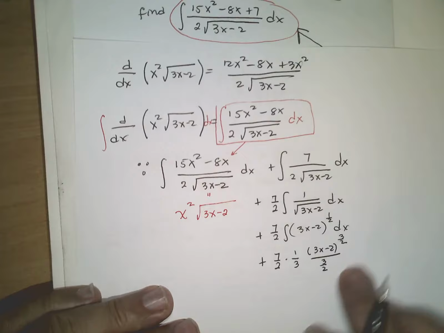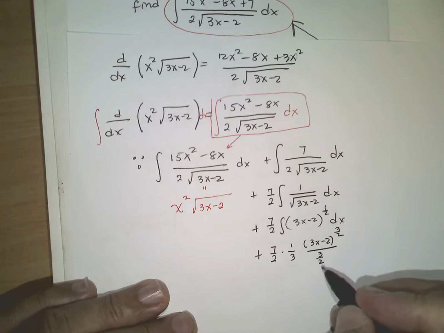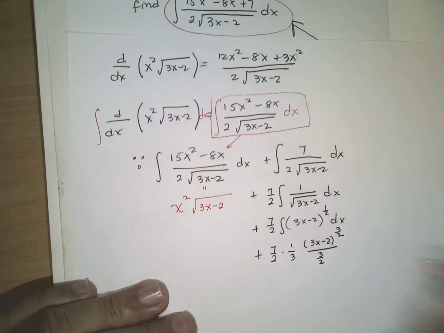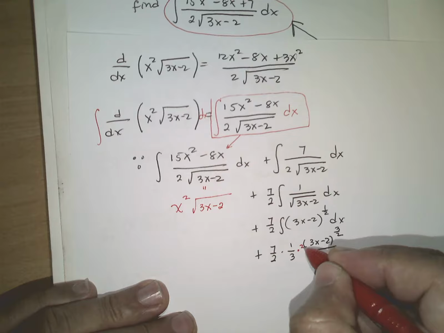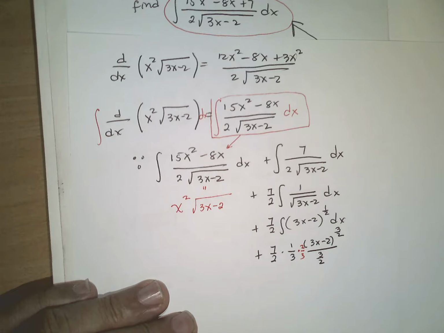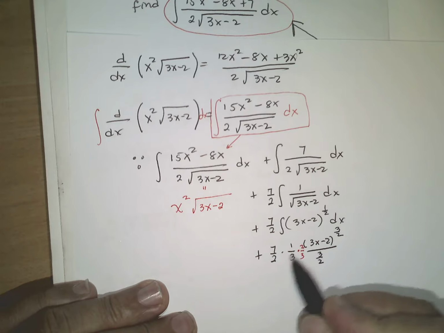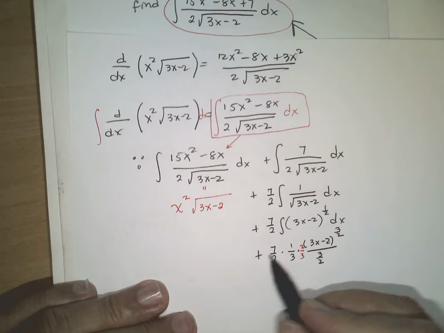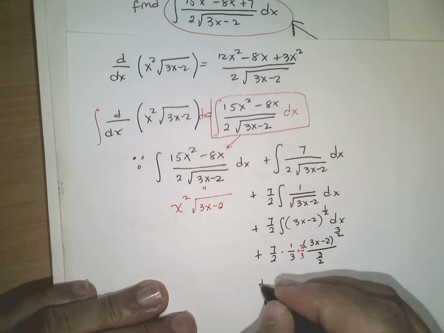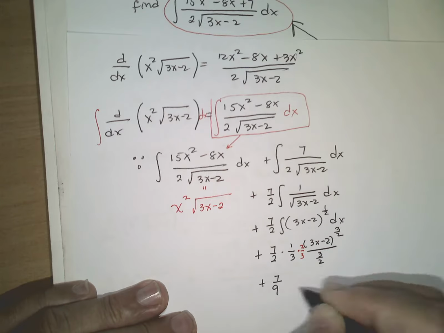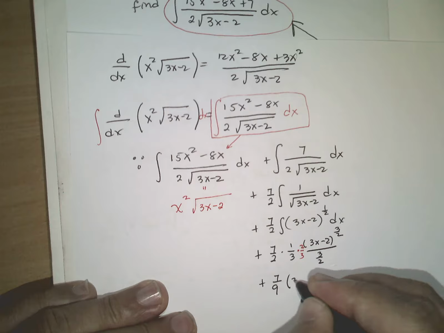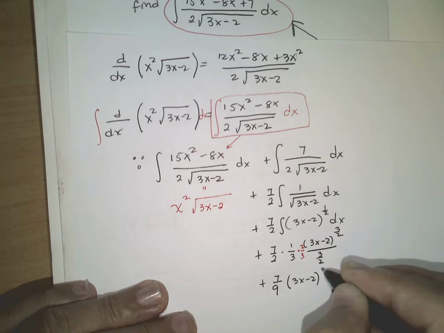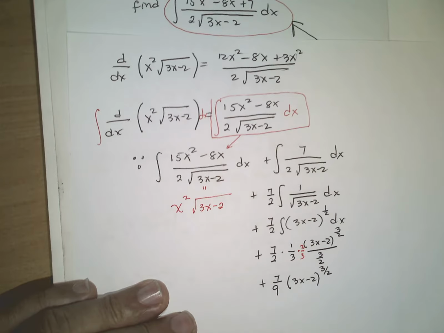Okay, so let's simplify this one. This 3 over 2 here will be times 2 over 3 like that. So therefore I can cancel the 2. So my answer now is plus 7 over 9, 3x minus 2 raised to 3 over 2.